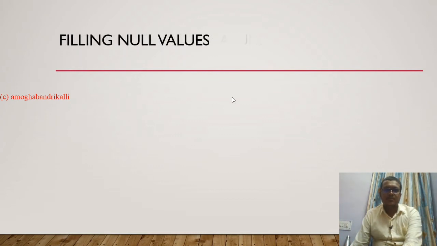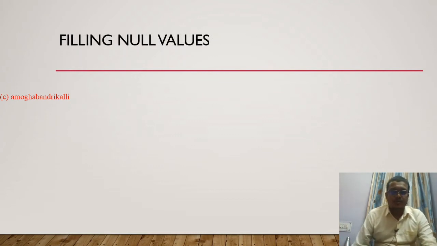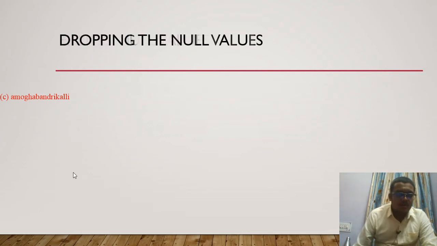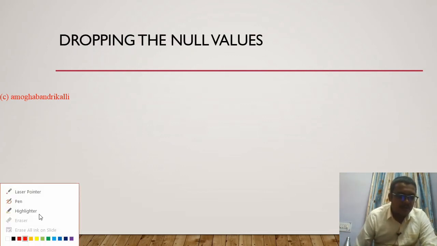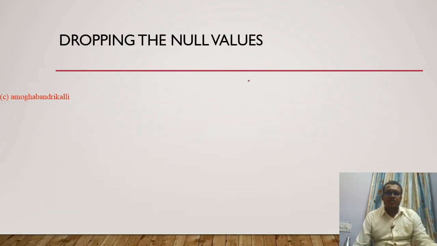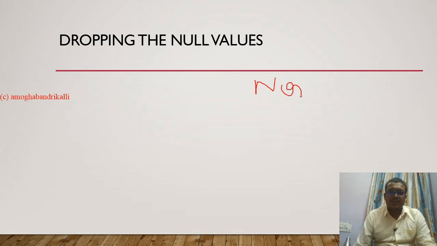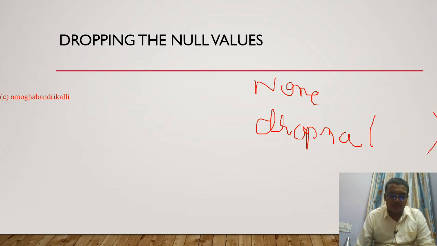So next comes dropping the null values. You have created null values like None. Now you are going to use an operation called dropna, and you are going to drop the null values from the matrix.